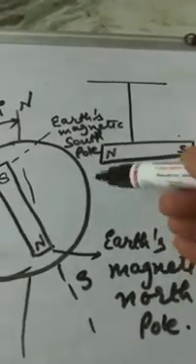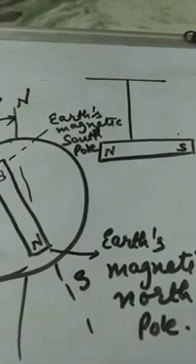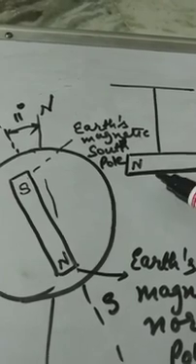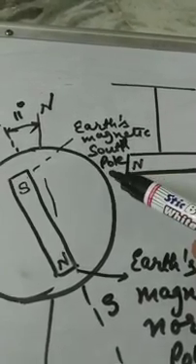Then the condition of the Earth we will write like this: due to the attraction of the north pole of the magnet toward the geographical north pole of the Earth.